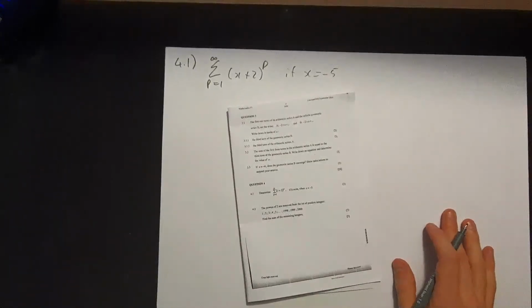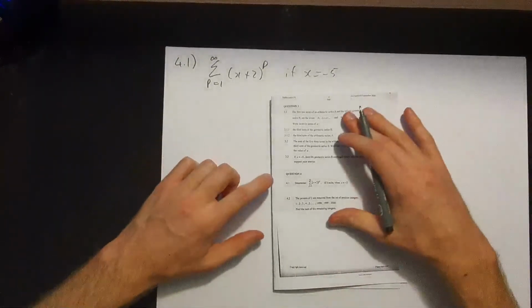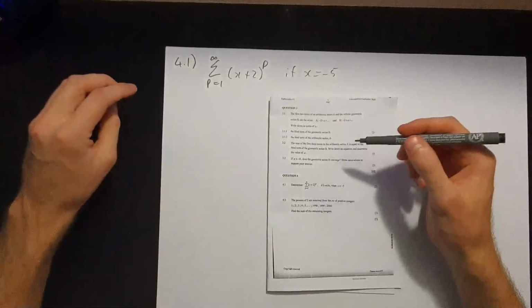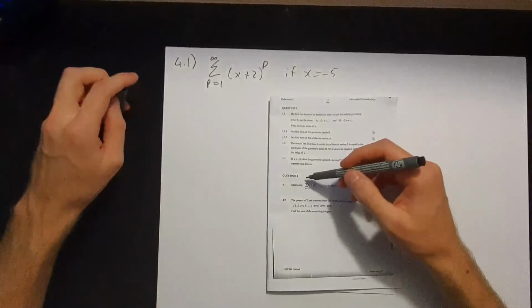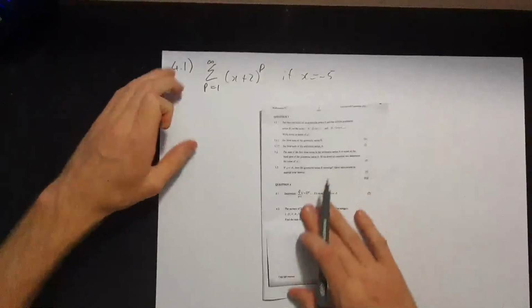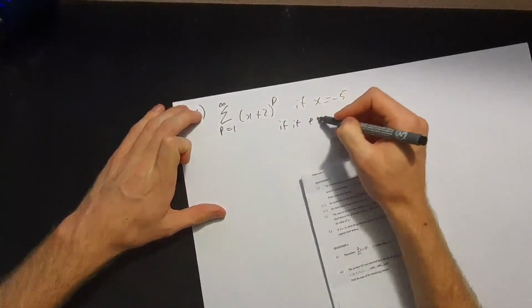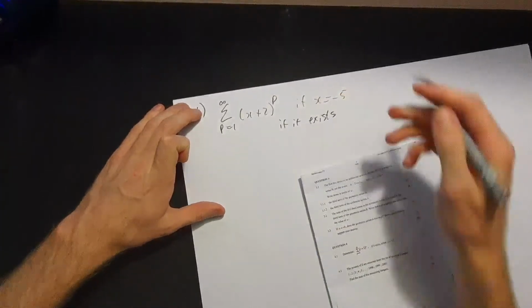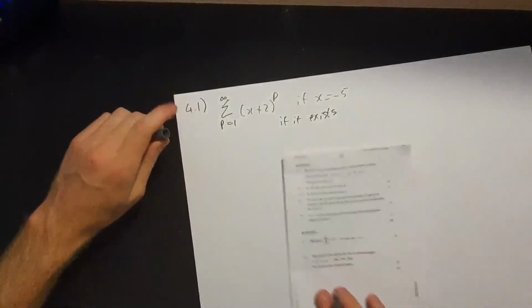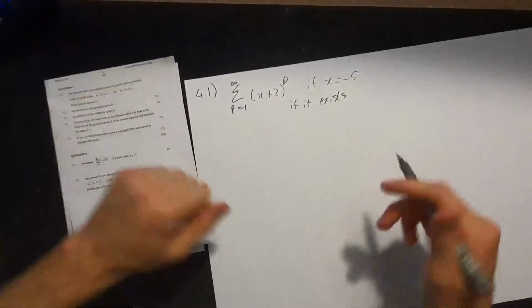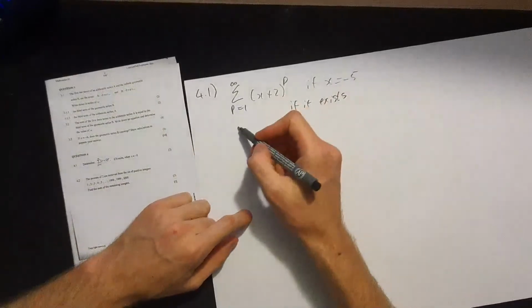Looking at question 4, it says determine the following over here, and then it says determine the sum here if it exists. So how do we go about solving this? It's for 2 marks, so it's not too difficult. x equals -5, so I'm just going to rewrite this.